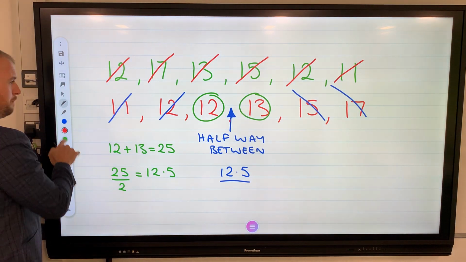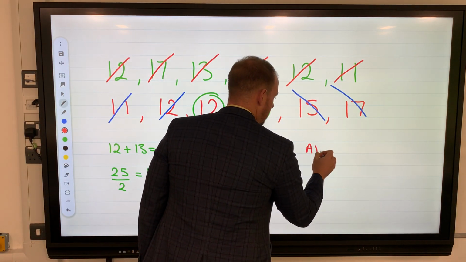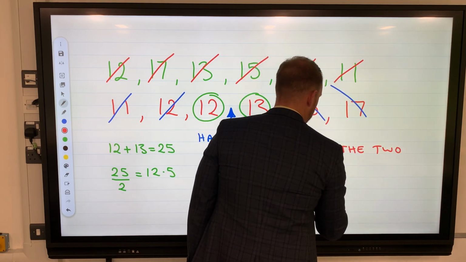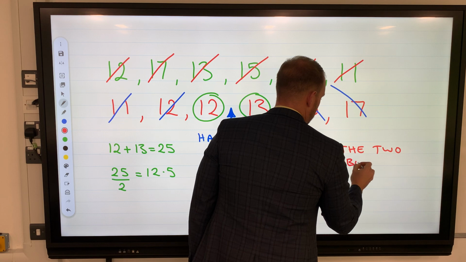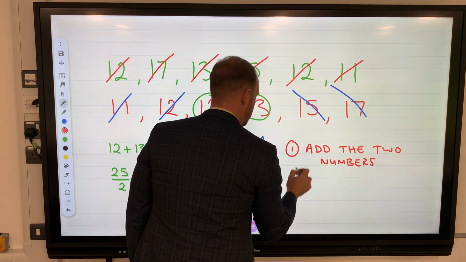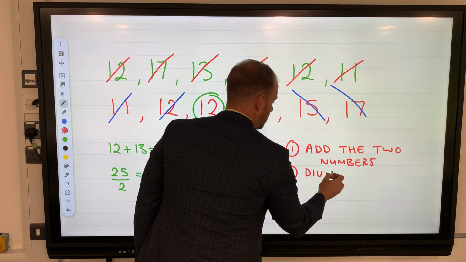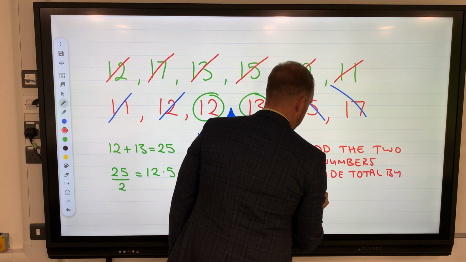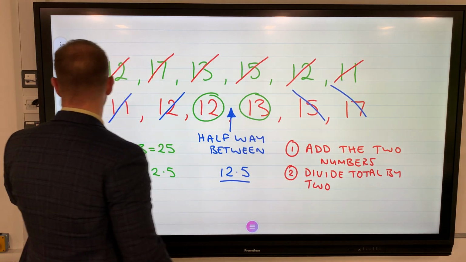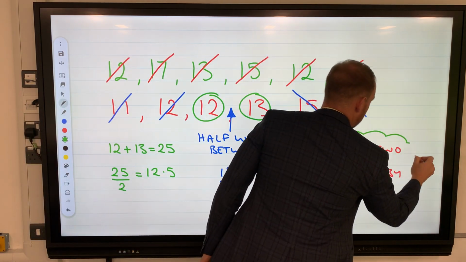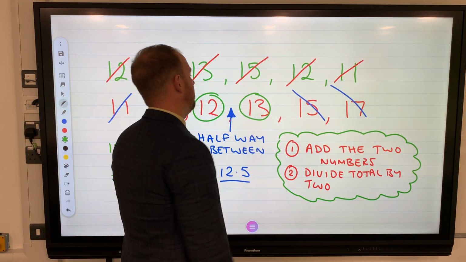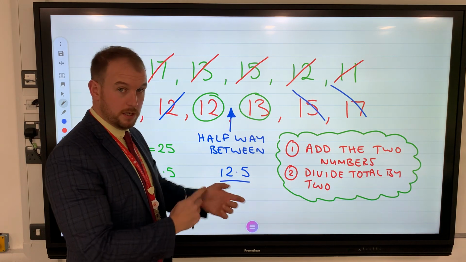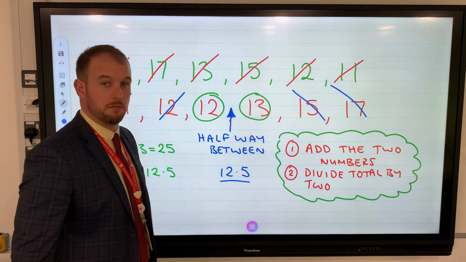So my tip there would be: first, add the two numbers, secondly, divide the total by 2. Or in other words, half it. That is only if we have two numbers as our middle. So remember, median is the middle value, but you have to order them first in ascending order. Hope it helps.